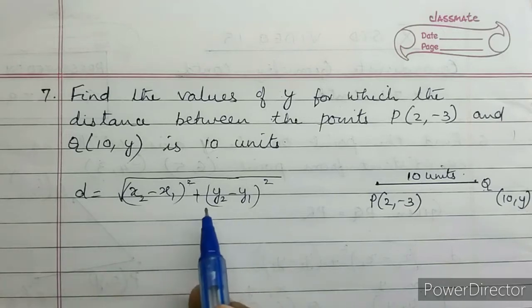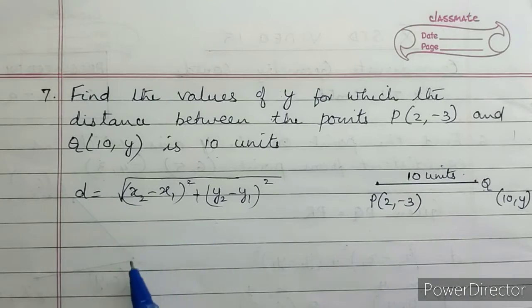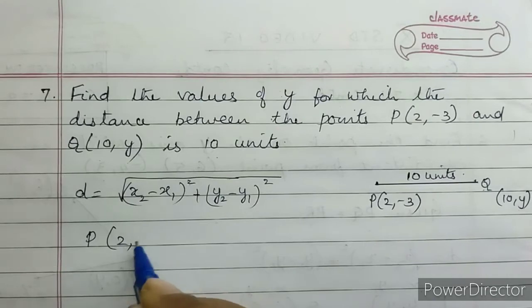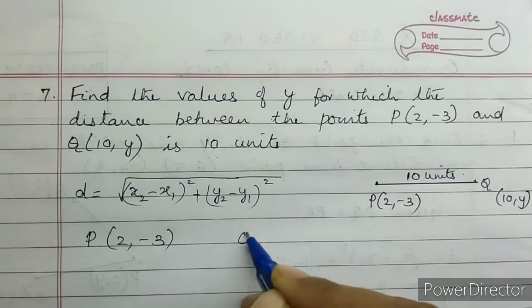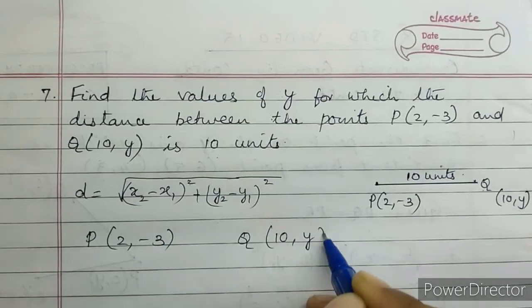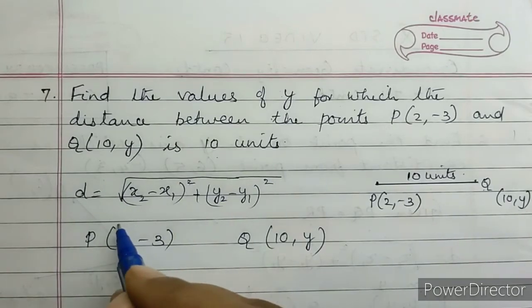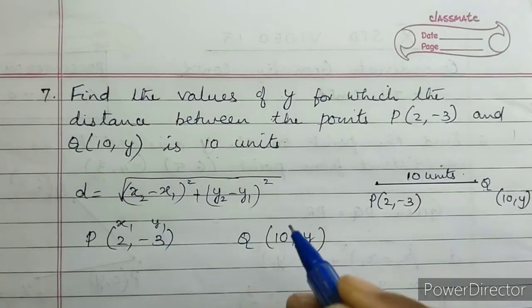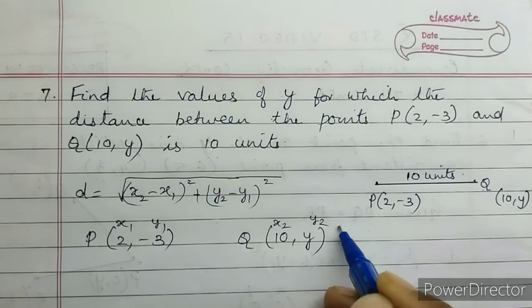Then you will be able to recollect it also, and you will be able to learn it by heart automatically. So that means P (2, minus 3) and Q (10, y). Write the points and then mark as x1, y1, x2, y2.